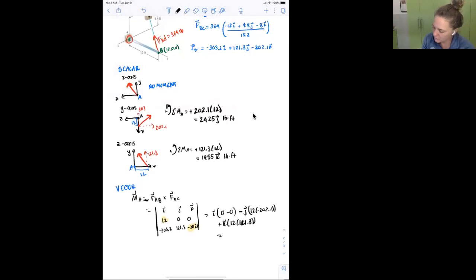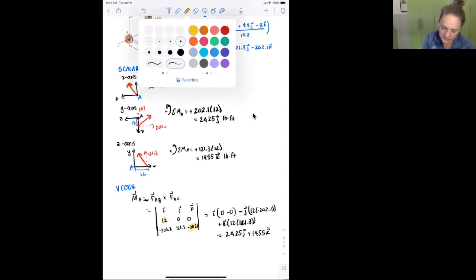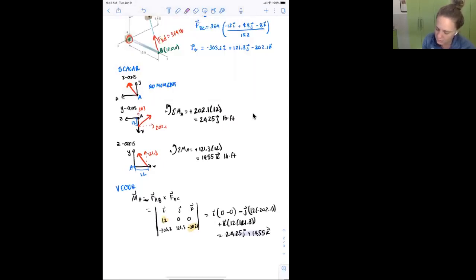You do this, you end up with 2425 J hat plus 1455 K hat, which by no accident matches what we found using the scalar method. 0, 2425 around the y-axis and 1455 around the z-axis.